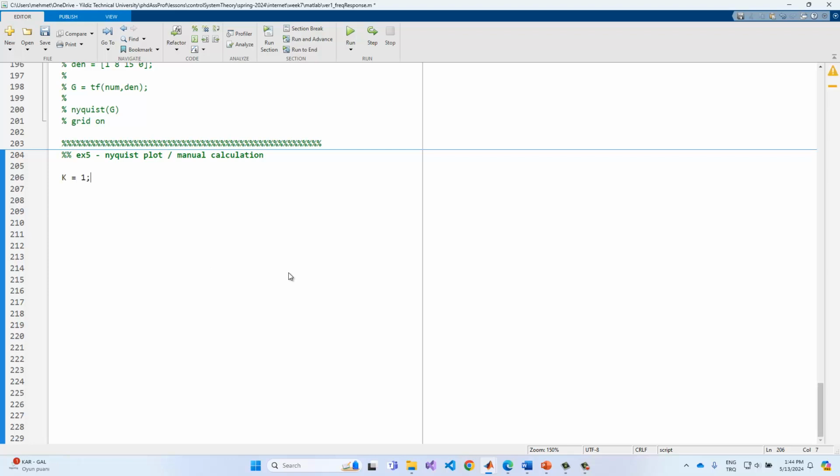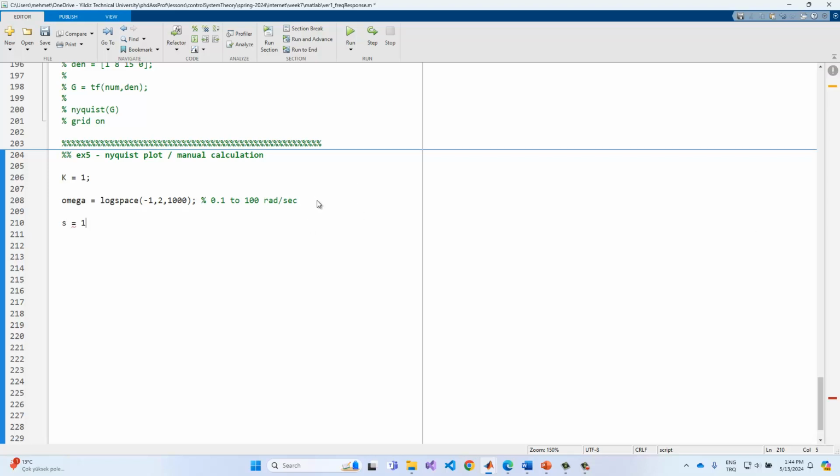Firstly, we need to define the unity gain in here, just like this one, and the omega should be logspace between -1 to 2 with 1000 points, which means that we have 0.1 to 100 radian per second given in here. Okay, and how can we return to the points?